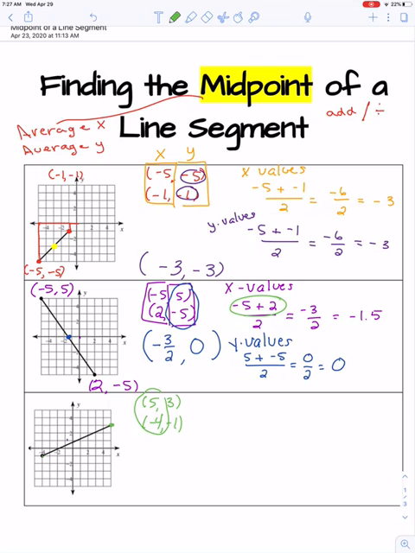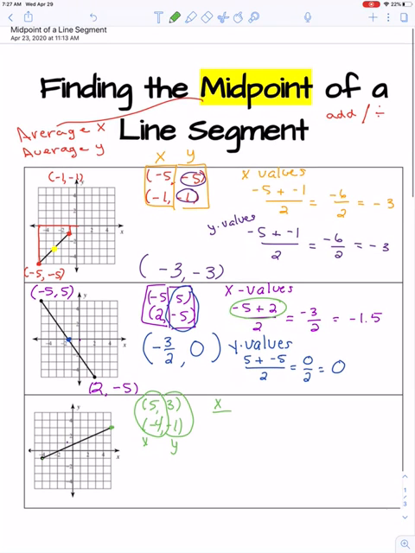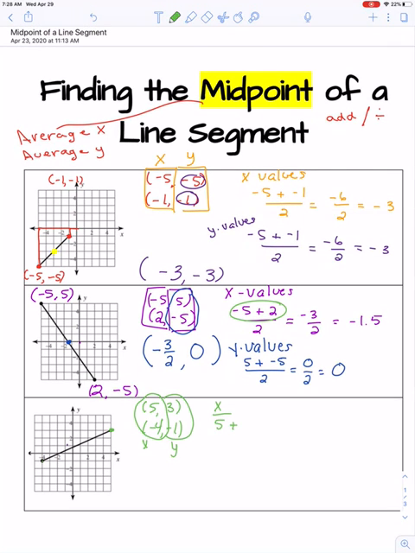Okay, so here's my x's, here's my y's. I'm going to start with my x's first. 5 plus -4. Then we're going to average it, so we're going to divide it by 2. Well, 5 plus -4 is 1. And divide by 2.